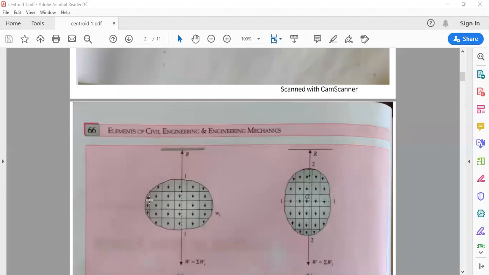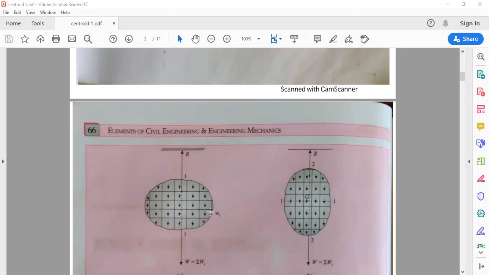Now, if I divide this entire area into minute elemental strips, like first one, second one, third one, many like this, each will have a certain area: first area, second area, third area, fourth, fifth, like this.